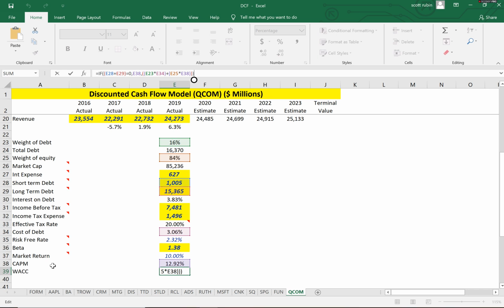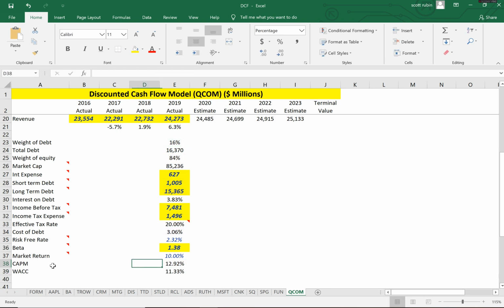And the way you figure out cost of equity is using CAPM, Capital Asset Pricing Model. And that just uses risk-free rate, beta, and a market return. And that's a formula. And you could find this just Google CAPM if you want to know the formula.